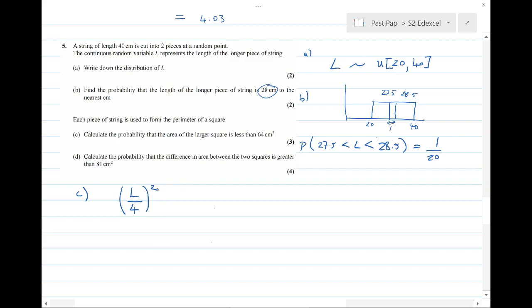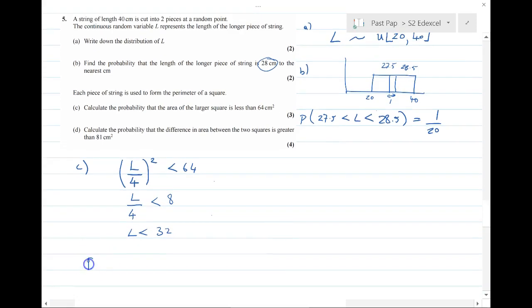The area is (L over 4) squared. And we require that to be less than 64. Now we know L's positive, so it's okay here, although in pure math, we'd have to justify this. This was a pure maths paper, but L is positive, so we can square root that. So L over 4 has got to be less than 8. So L has got to be less than 32.